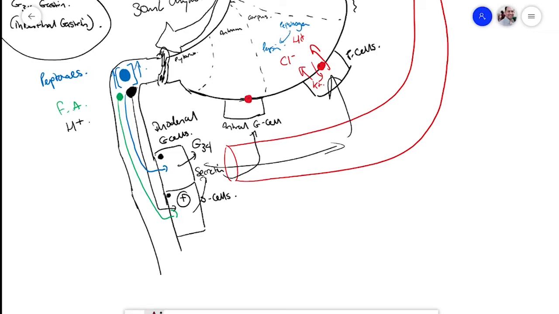It's a G cell, therefore it is interested in gastrin. It will cause G17 secretion and release. And then what does that do? My apologies, I confused myself then when I was talking. See, even I get this wrong and I'm making the video.